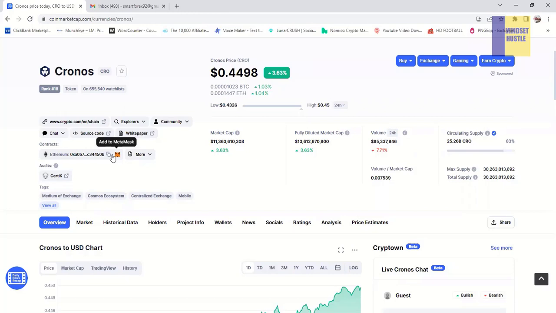No problem. So here, for instance, I will add the Solana chain. Why? Because of gas fee. Gas fees are transaction fees. With Solana, the gas fee is less compared to Ethereum.